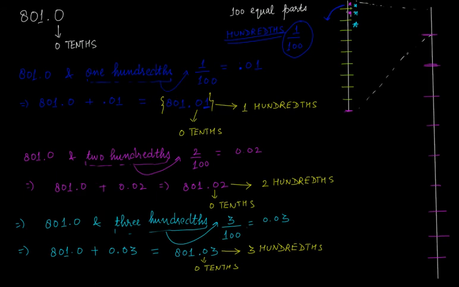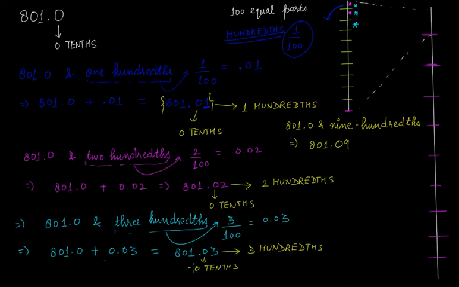You took one, then second, then third, then fourth, then fifth one also given, then sixth one also given, then seventh one also given, then eighth, and then ninth, as you reach at the 900ths, when you are having 801.0 and 900ths, it means that you are having now 801.09.